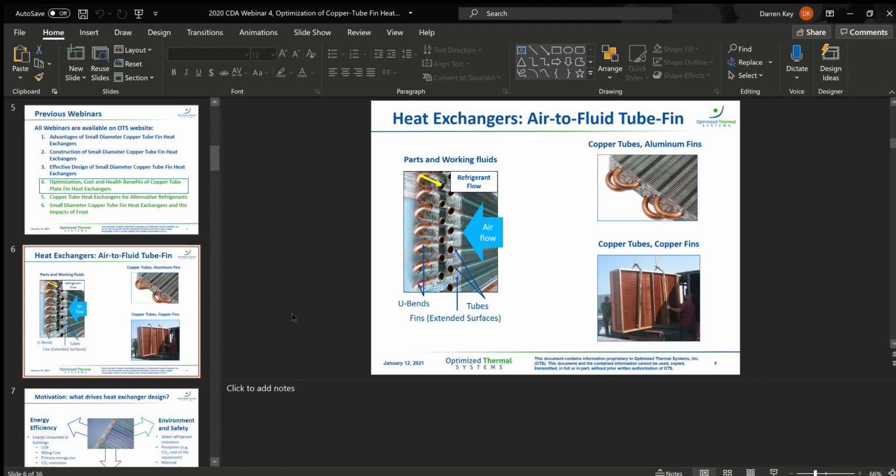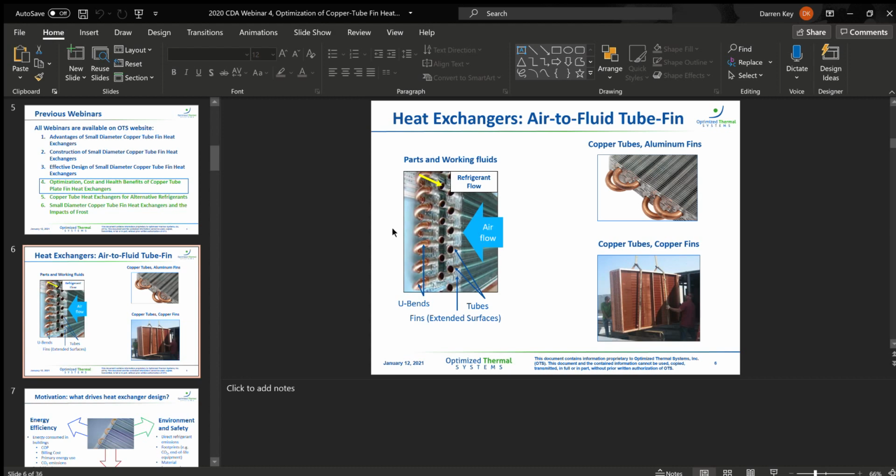So if you made it this far, presumably you know what a tube fin heat exchanger is, but just to have it on record: copper tubes, refrigerant flows through the tubes. Those tubes are connected to each other with U-bends, and then we use fins, which are touching the tubes, to effectively extend the heat transfer surface area.